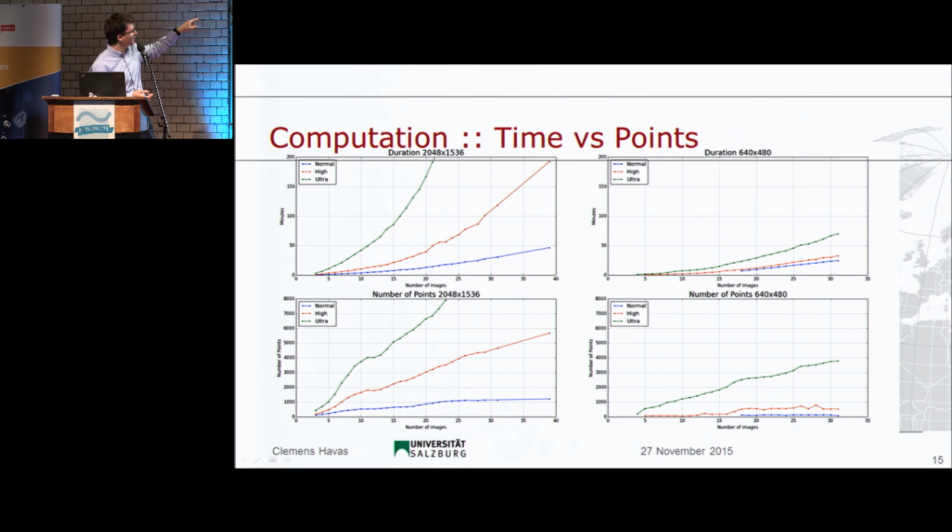You can see that it's an increasing slope, like an exponential function, in the minutes, and it's very linear when you look at the number of points. You can see that in 10 minutes the slope of the high setting is as well very low, and you get already a large number of points, about 2,000 points.